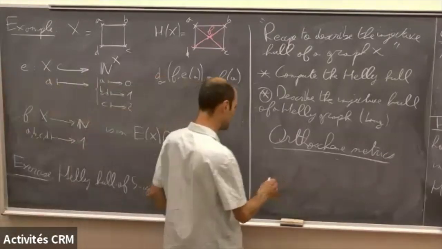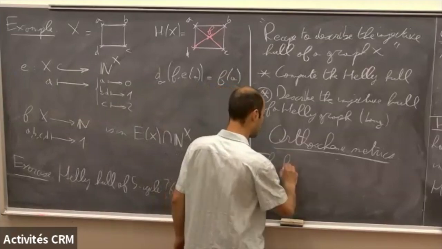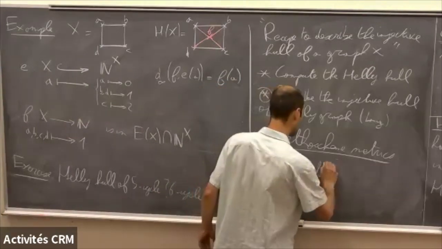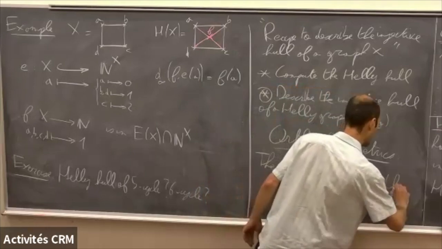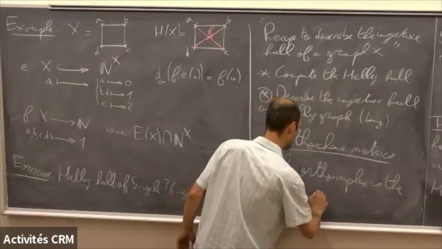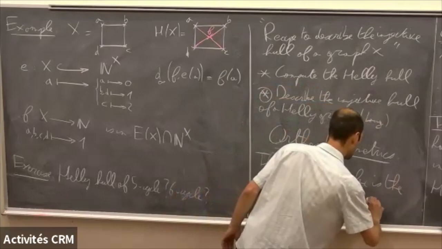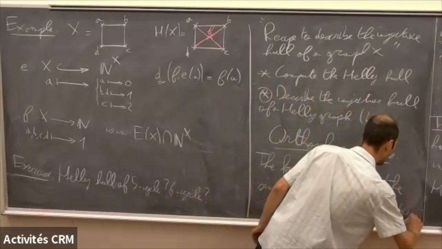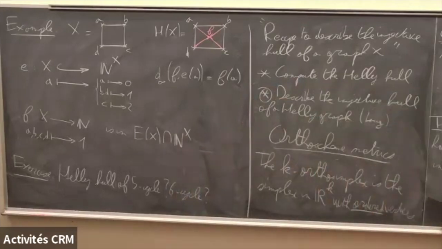So one choice are orthoschemes. So the k-orthoscheme is the simplex in R^k with ordered vertices. So here I will add the extra structure to my simplex, that of a total order on its vertices.